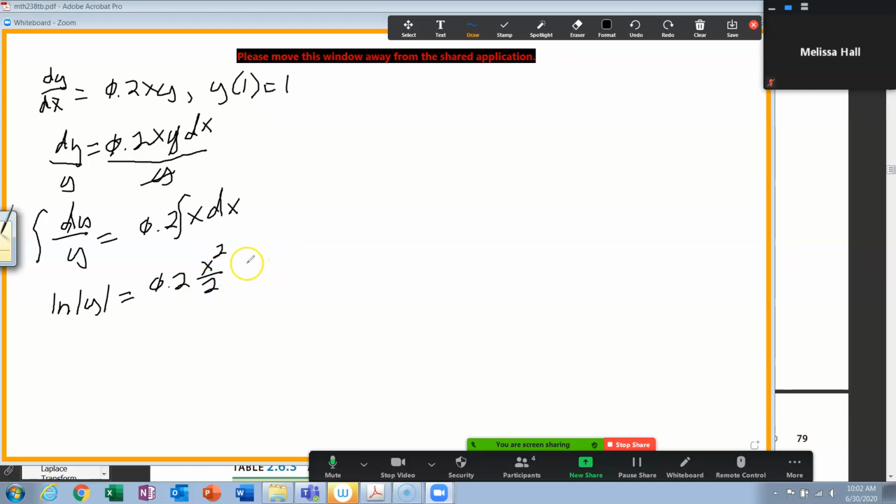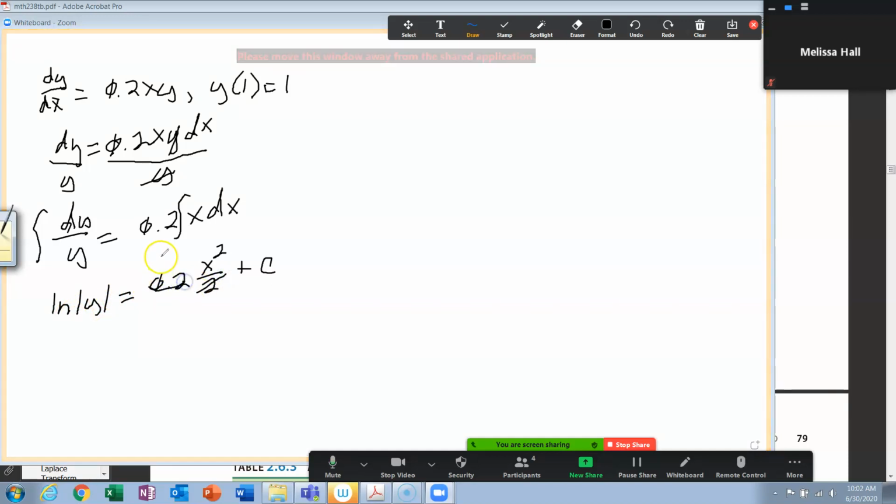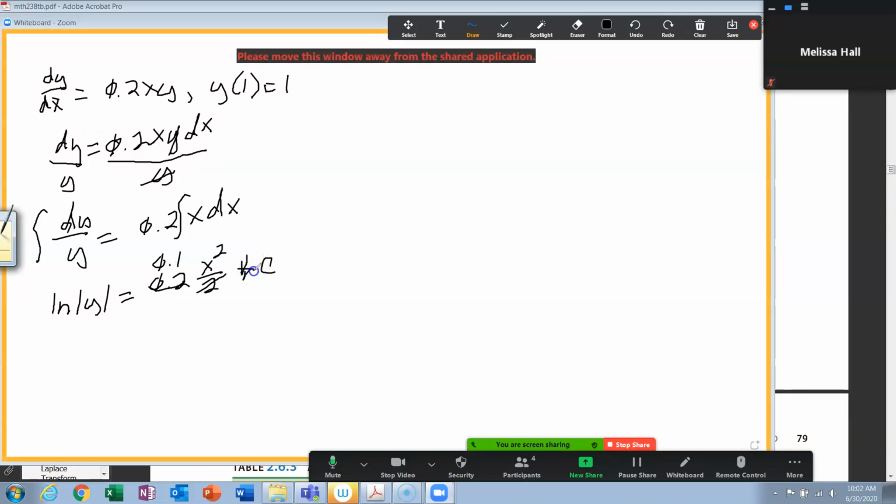And then we've got our plus c here. Now this 2 will cancel and make this a 0.1. And by the way, I want to write this as a log c rather than a c. That's ugly, but I hope you understand. It's just a constant.